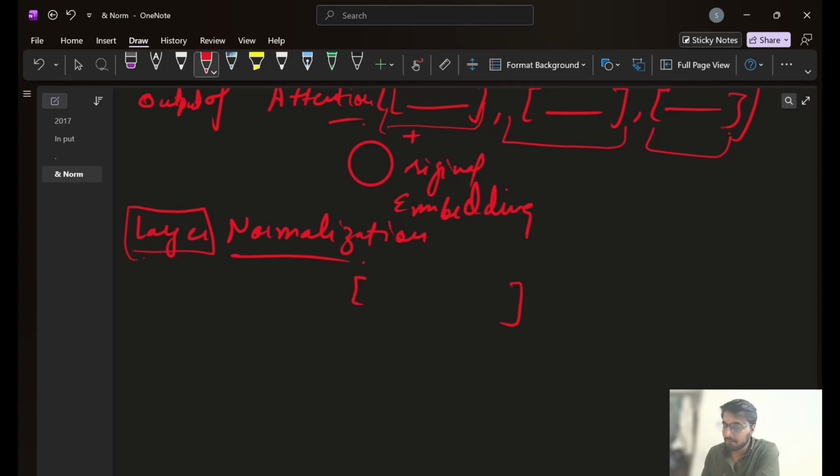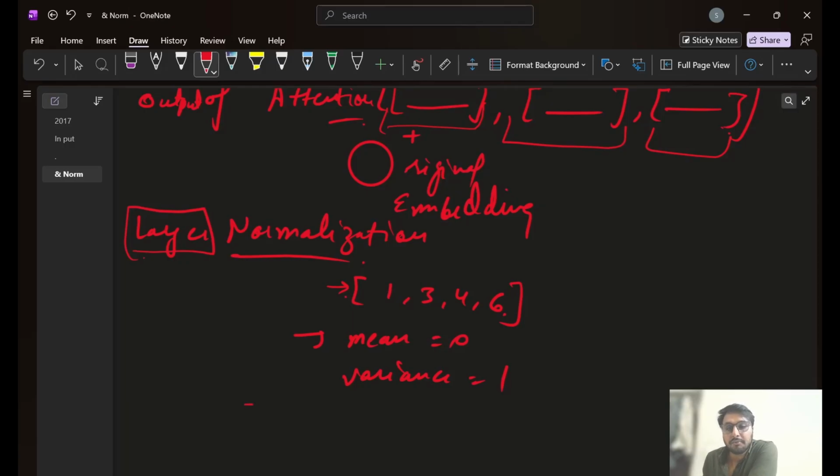It means we are picking one vector at a time. For example, 1, 3, 4, 6. In one vector we have these four values. To normalize means mean equal to 0 and variance equal to 1. So how do we do this?